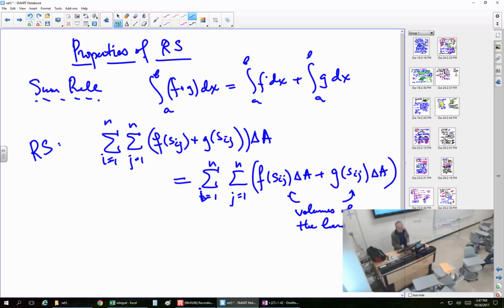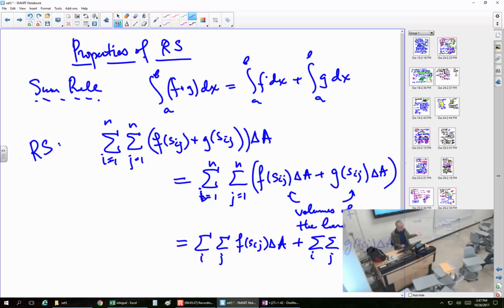And then, once again, the advantage of the Riemann sum is that the summation is finite, so there is no limit there, and there are no issues of convergence. And so we can just redistribute things, and we have the same summation, but separate for f and g: the sum of g of Sij delta A. Okay, and well, that's it.